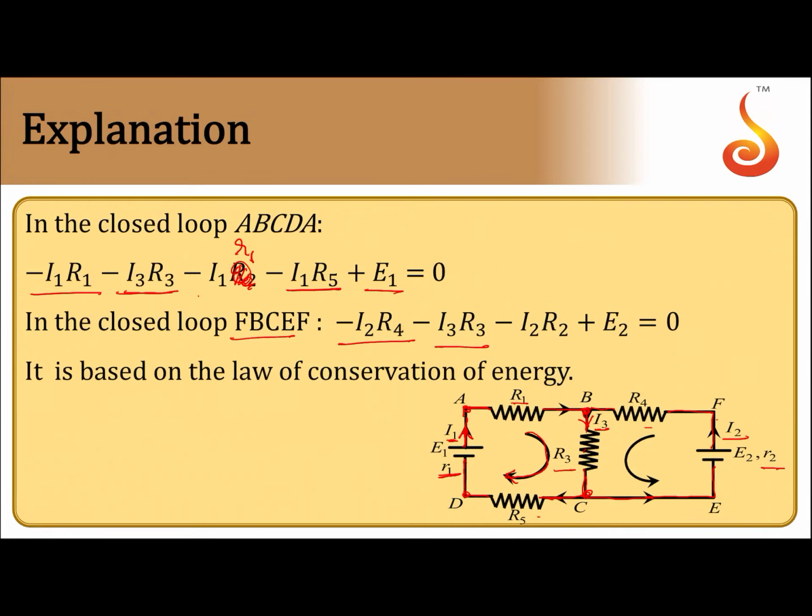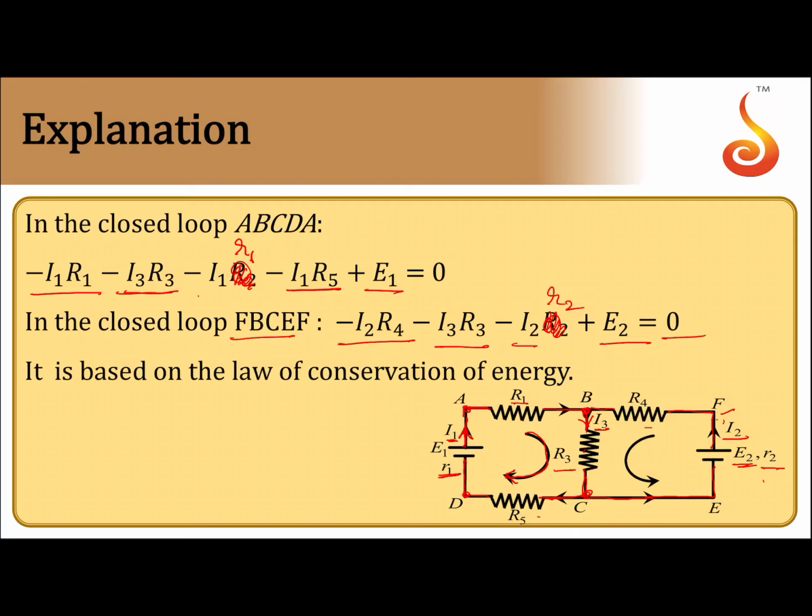Then I2 into r2, small letter r2, plus E2, coming out of the positive terminal, plus E2. After that you will reach F, so you will get 0. So, minus I2 R4 minus I3 R3 minus I2 r2 plus E2 is equal to 0. This is the application of KVL.